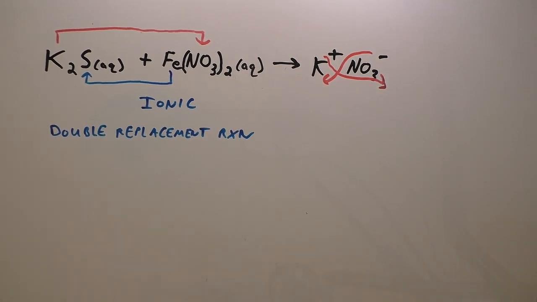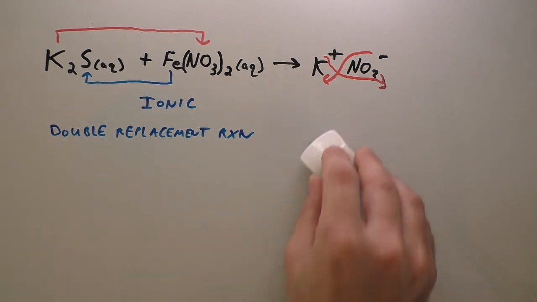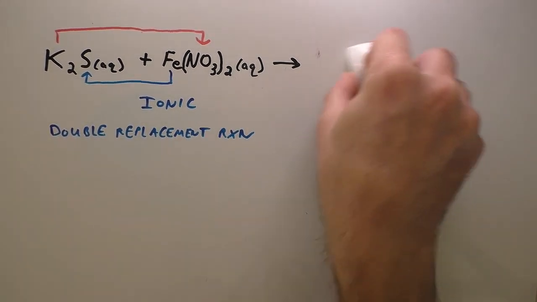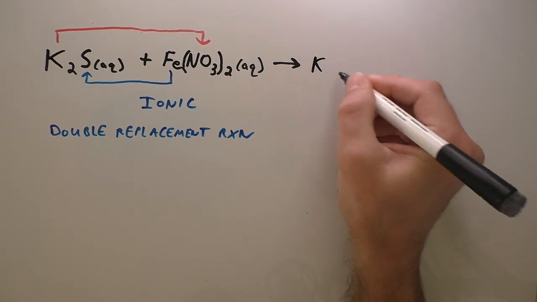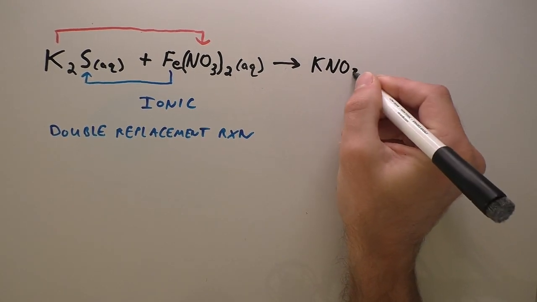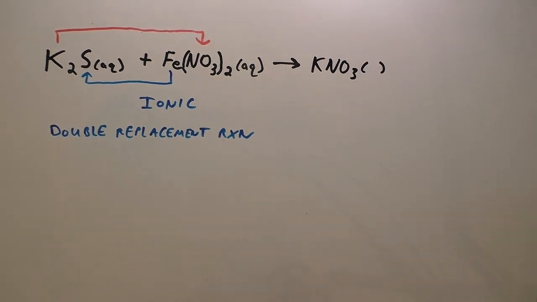Since they're both a 1, and 1s are generally understood in chemistry, they're not written, we're going to end up with 1 of each of these ions, right? And so our formula of our compound is going to be KNO3.